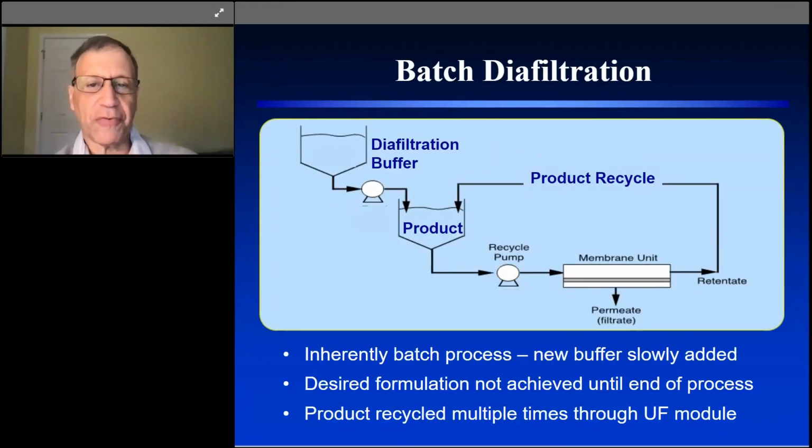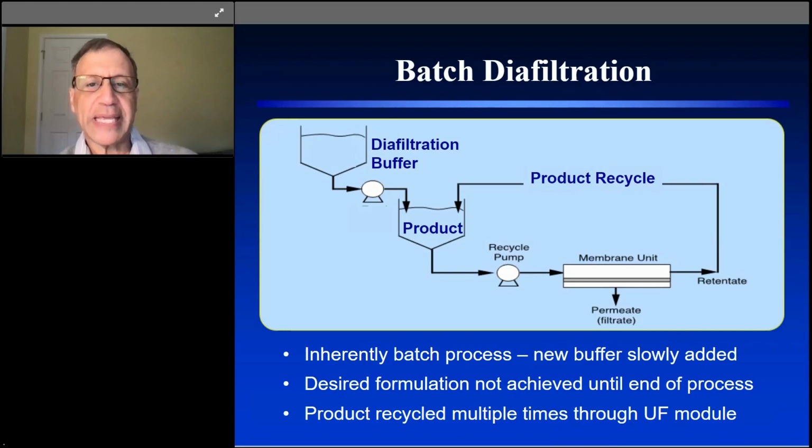So let me begin with the final formulation step and then work my way backwards in the process. Today, formulation of monoclonal antibodies, and in fact most protein therapeutics, is performed using batch diafiltration. In this case, our product stream is contained in a recycle tank in the system and is continuously recycled through a membrane unit that has very high retention for the monoclonal antibody, but lets both buffer components as well as water pass through the membrane.